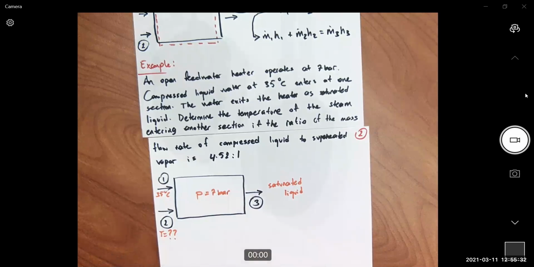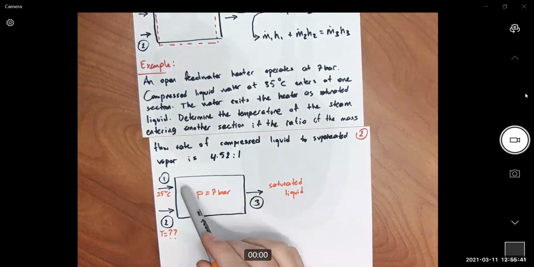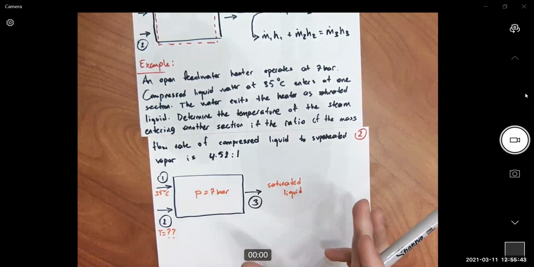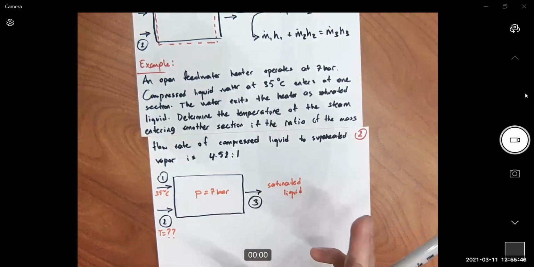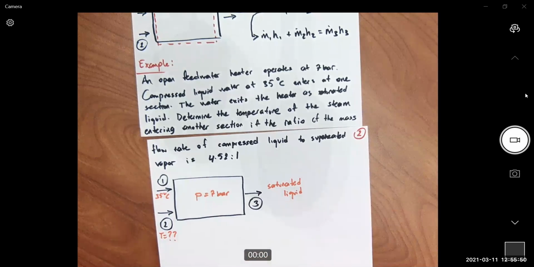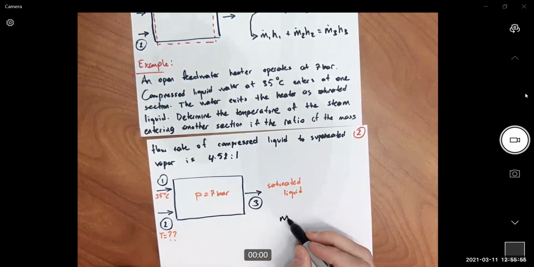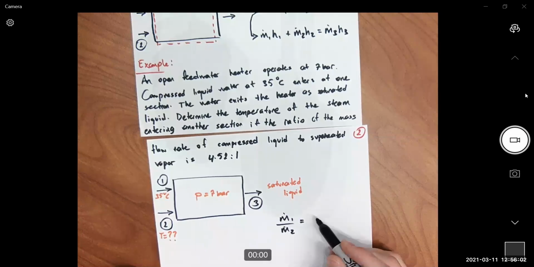Pressure in an open feed water heat exchanger is supposed to be the same. Okay? If one of your pressures is different than the other, the higher pressure will push out the other, so we won't achieve the mixture. Okay? But pressure has to be the same. So we have 7 bar in the system, and we also know the mass ratio in inlet 1 and inlet 2 is 4.52.